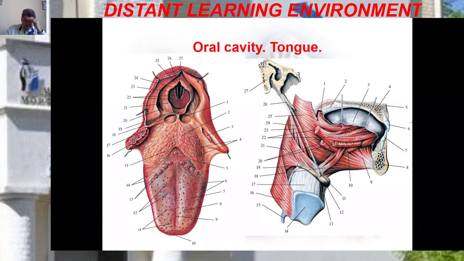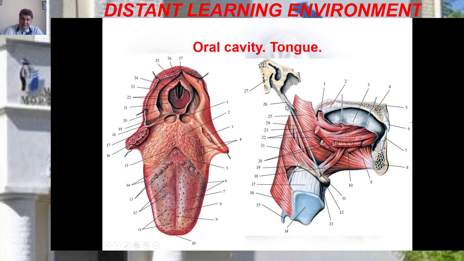Next is hyoglossus muscle. It arises from hyoid bone. And so the muscles arising are the derivatives of the second visceral arch.